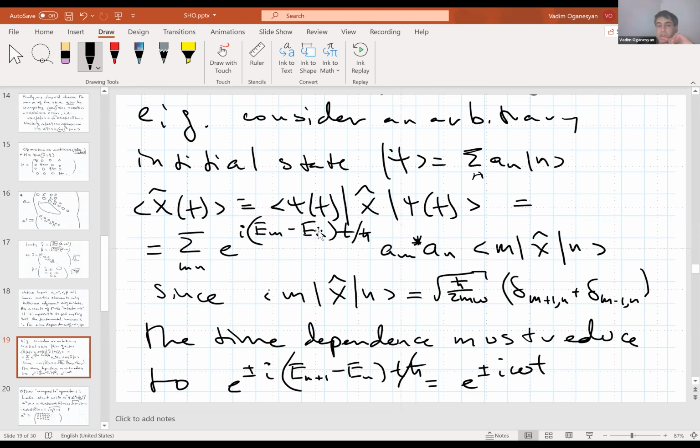Now I'm sandwiching this. And the crucial thing where all of the dynamics comes from are these exponentials. You can see that the energies come in pairs with plus and minus because of, again, complex conjugation. And so the frequencies that show up in the behavior of X, we can call them omega sub mn.